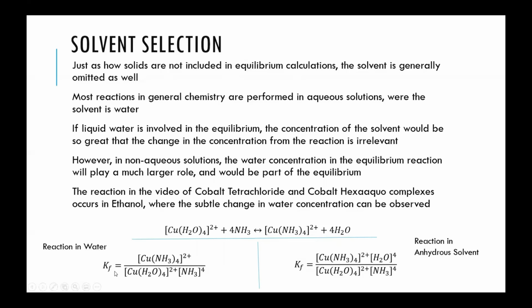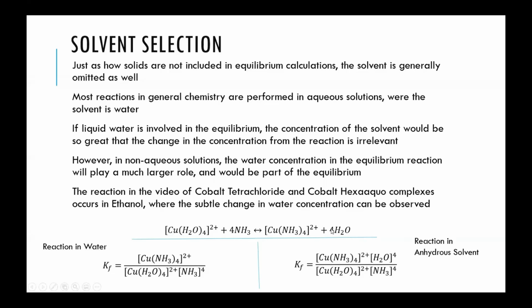So here's an example of copper binding with ammonia. And water is part of this reaction. When you have the reaction in water, water is the pure substance, it's the solvent, it's everywhere. There's so much of it that the concentration is irrelevant.